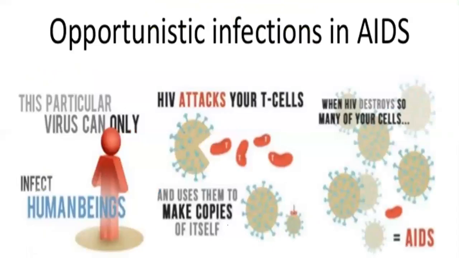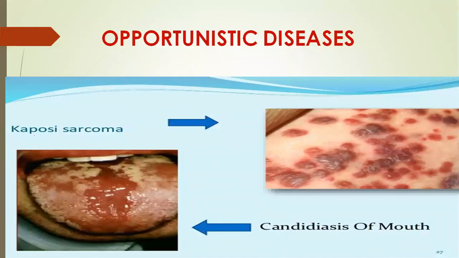So opportunistic infections can be Kaposi sarcoma, where you can see a swollen and degenerated tongue, and candidiasis. Kaposi sarcoma is lesions and cancers of the skin, and candidiasis of the mouth, like a swollen and ruptured tongue.